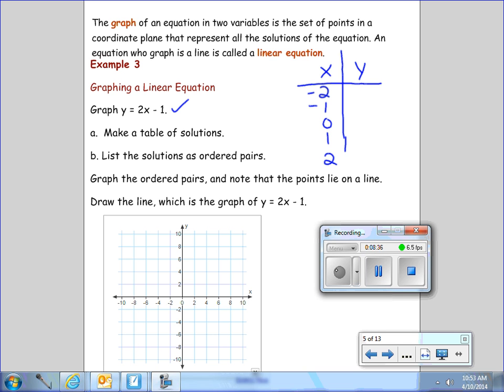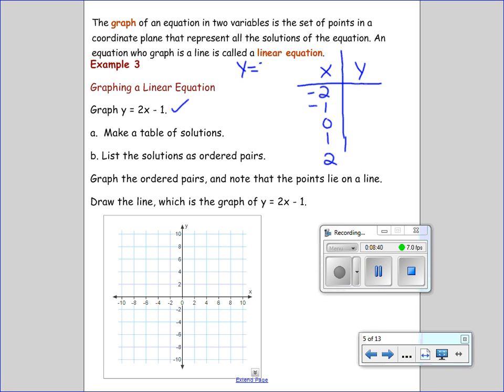So I have the graph. Here's the equation right here. y is equal to 2x minus 1. y is equal to, now I'm going to substitute negative 2. 2 times negative 2 minus 1. y is equal to negative 4 minus 1.